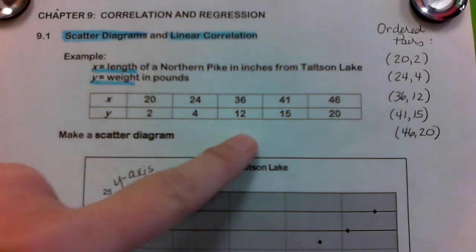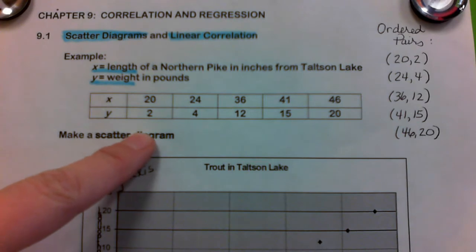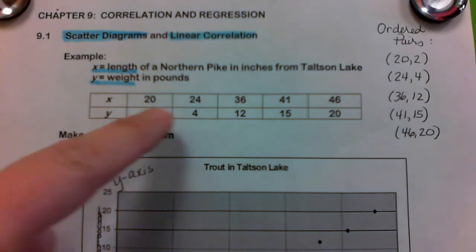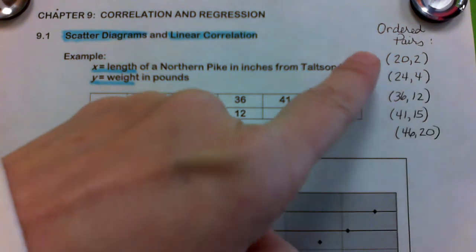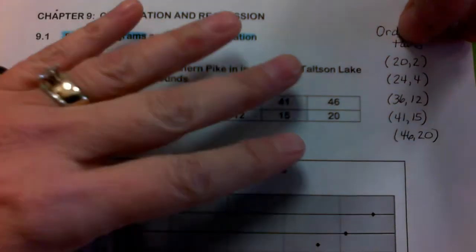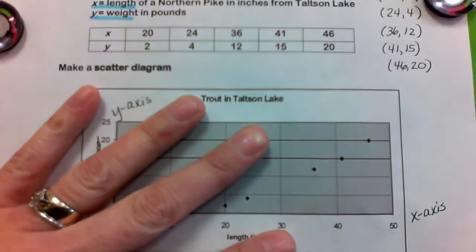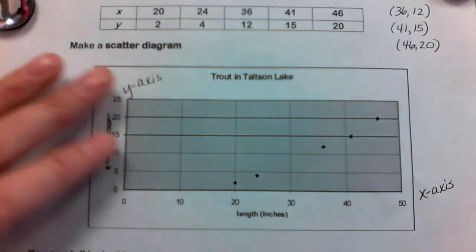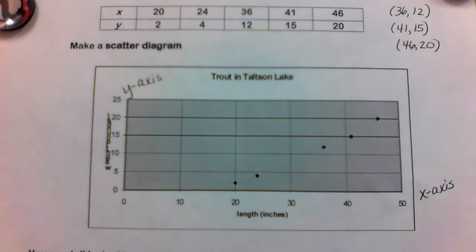So each one of these gives us an ordered pair. This first x and y is the ordered pair (20, 2), and I've listed all of the ordered pairs. Then we've taken those 5 ordered pairs and placed them on a scatter diagram.